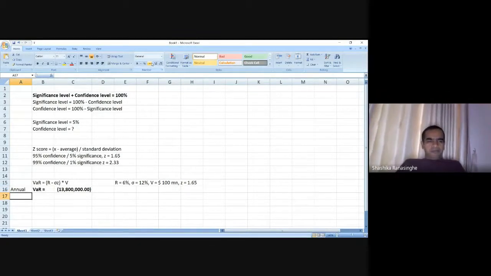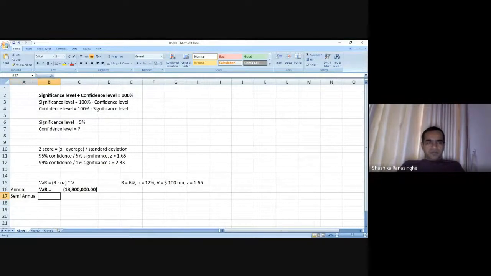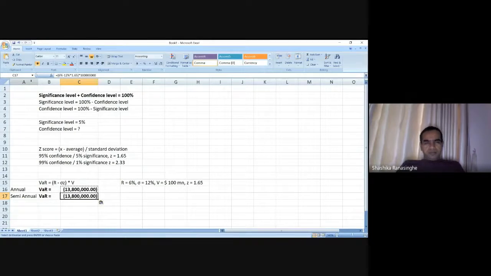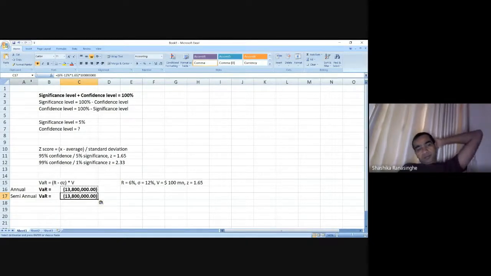What would be the semi-annual value at risk? How do you calculate?